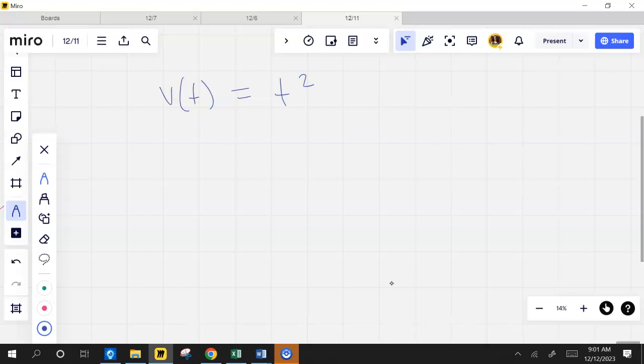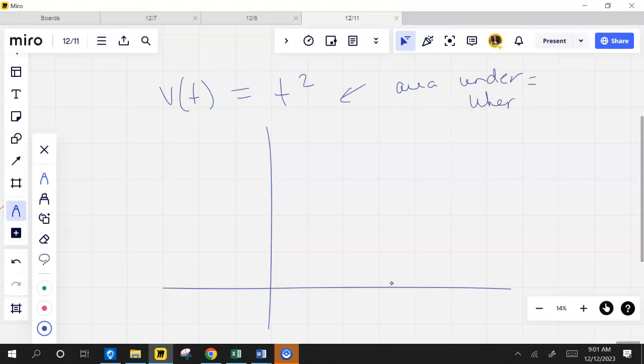All right, so if I graph this, I end up with something like, okay, no, not total distance. It's not going to be my total distance. It's going to be where I end up. I have to think about it a minute. Area under velocity is where you end up.